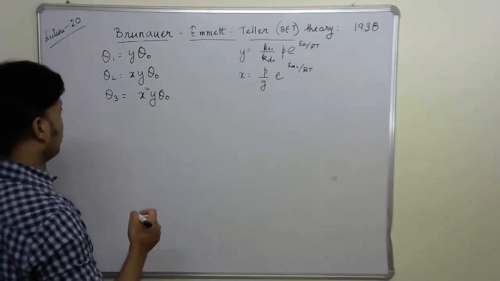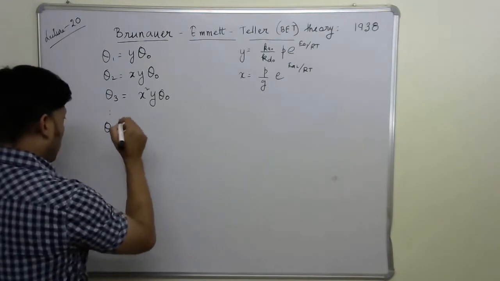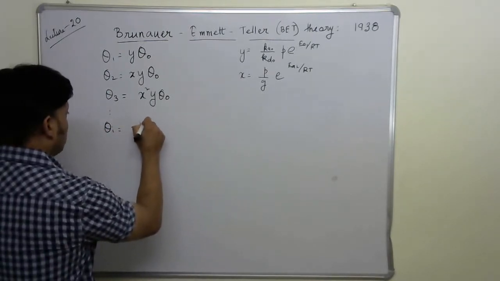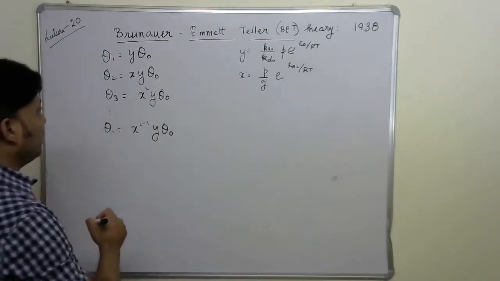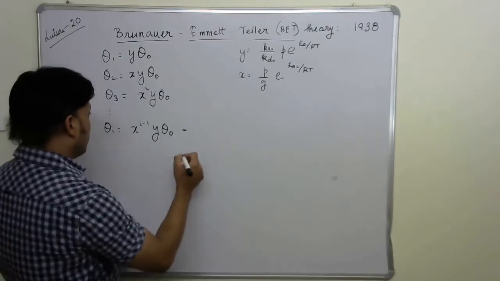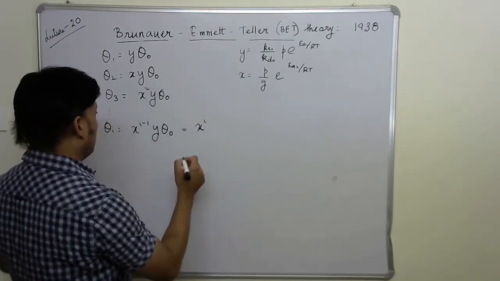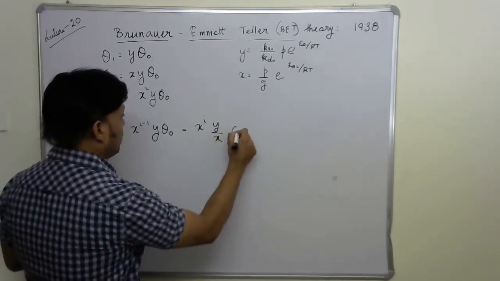So therefore theta i is going to be x to the power i minus 1 y theta 0. All right, so that is equal to, once again if I break it, x to the power i multiplied by y divided by x theta 0.